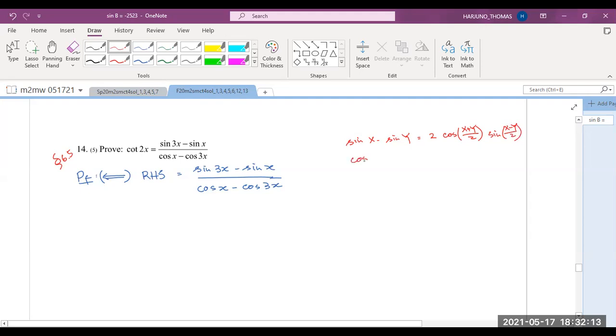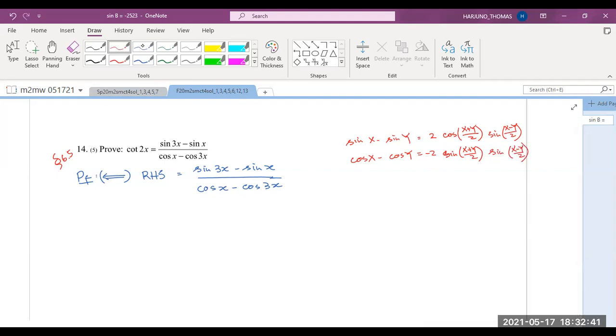While for cosine x minus cosine y, that will be negative 2 sine of the sum over 2, sine of the difference over 2.